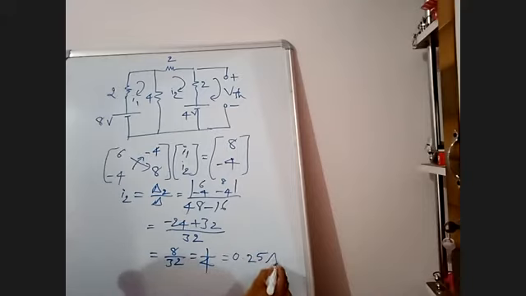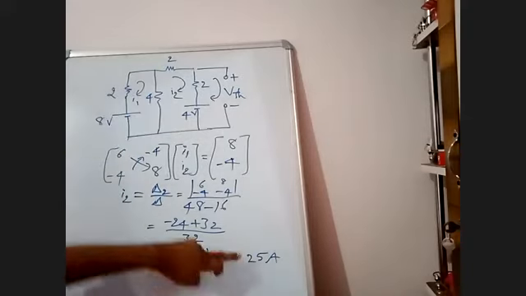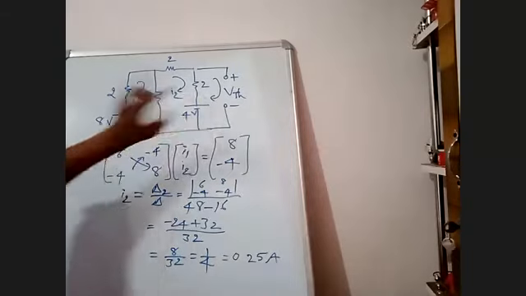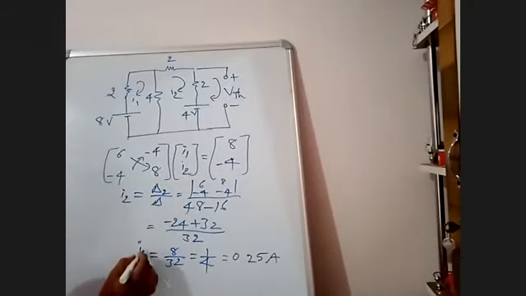So I2 is 0.25 ampere. Now the current in this 2 ohm is 0.25 ampere, because I2 is the current flowing in 2 ohms. I am determining only I2.